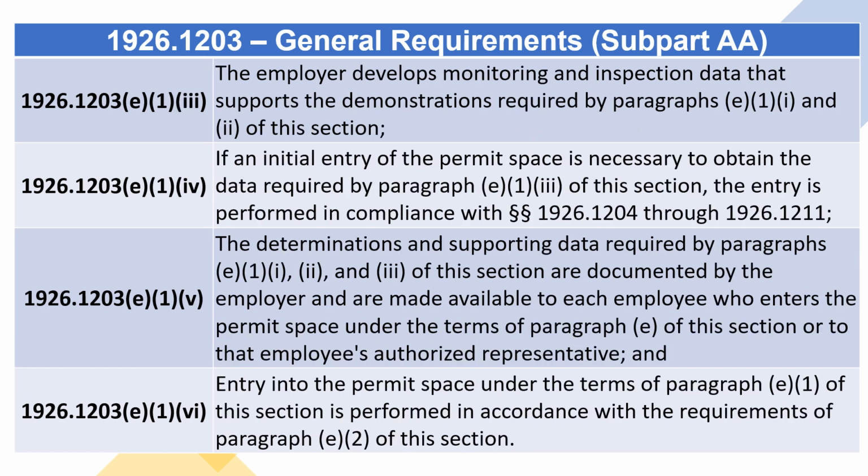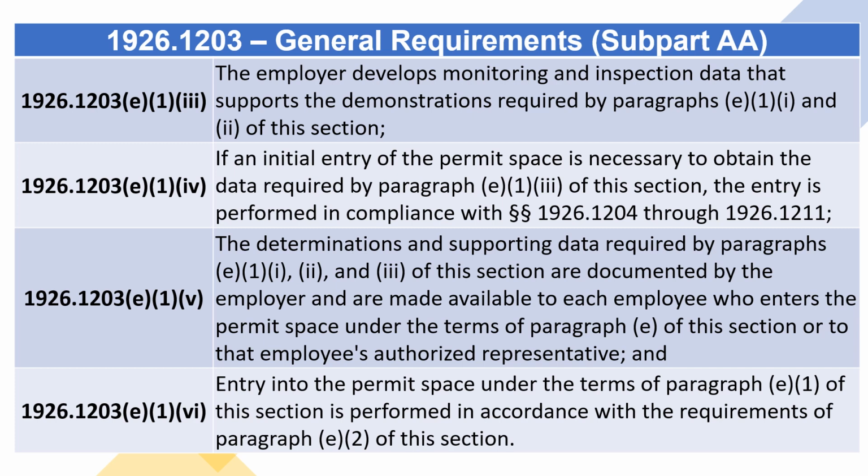The employer develops monitoring and inspection data that supports the demonstrations required by paragraphs (e)(1)(i) and (ii) of this section. If an initial entry of the permit space is necessary to obtain the data required by paragraph (e)(1)(iii) of this section, the entry is performed in compliance with sections 1926.1204 through 1926.1211.